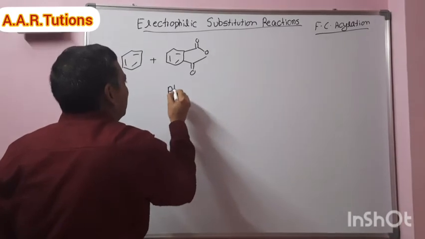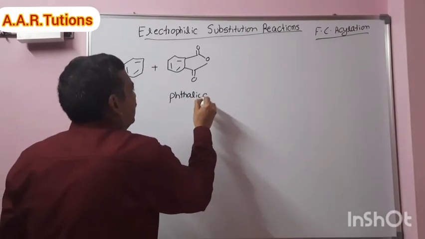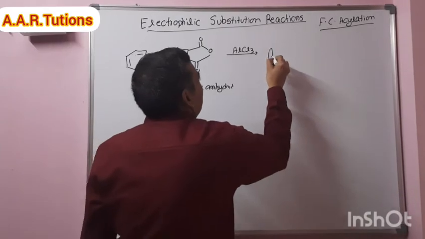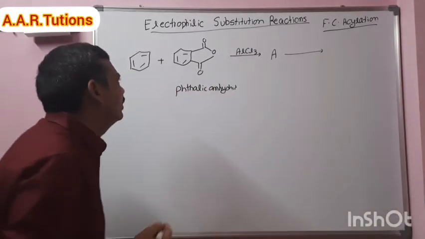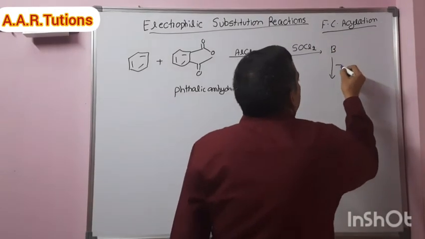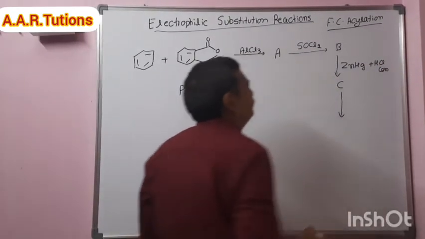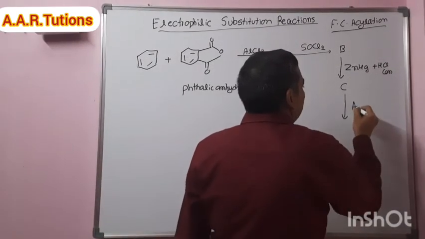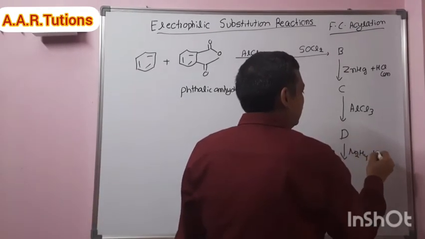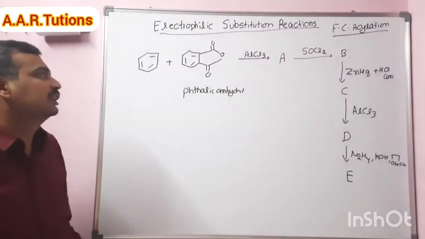Same sequence: first AlCl3 to give A, then thionyl chloride to give B, which on Clemmensen reduction, zinc amalgam plus concentrated HCl, gives C, which further reacts with AlCl3 to give D, and then Wolff-Kishner reduction, N2H4, KOH and ethylene glycol, to give E. Write the products formed, same example, A, B, C, D, E.